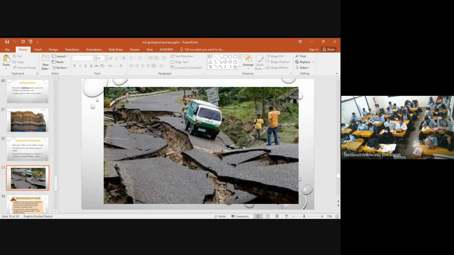So this one is a cause of earthquakes. Have you watched videos or movies about earthquakes? Have you seen some of the roads or land having cracks caused by earthquakes?